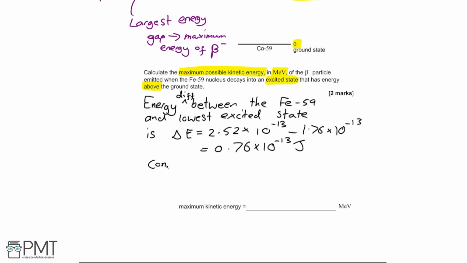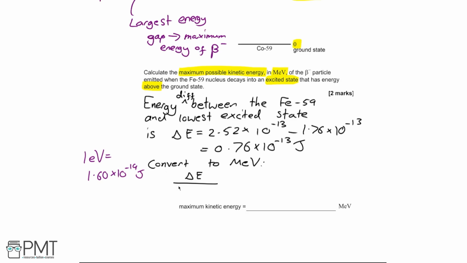Then we have to convert to electron volts. To do this, we take the energy in joules and divide by the electron charge, because the definition of an electron volt is that 1 electron volt is equal to 1.60 times 10 to the minus 19 joules. It's the energy that you get if you accelerate an electron through a potential difference of 1 volt.